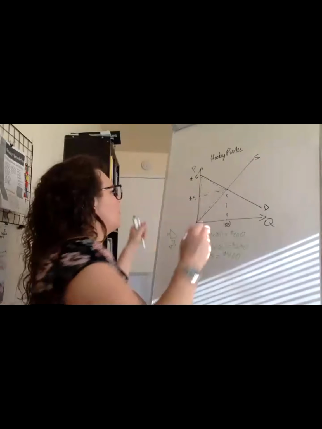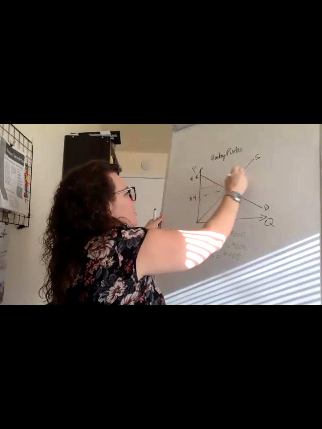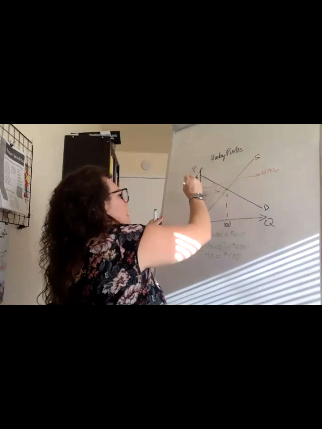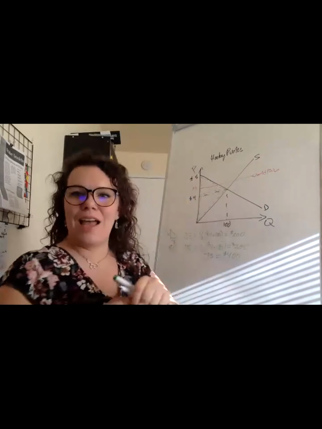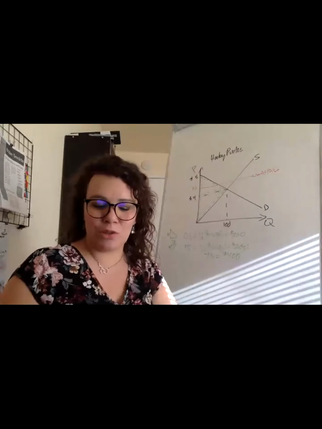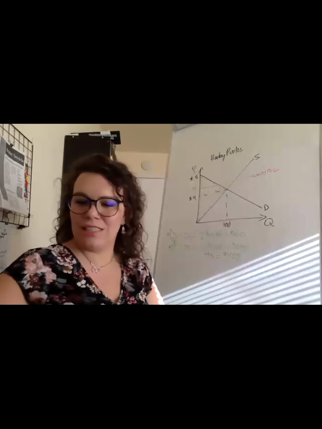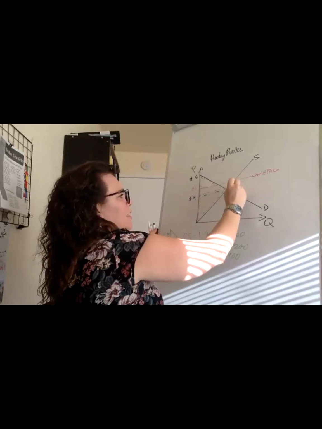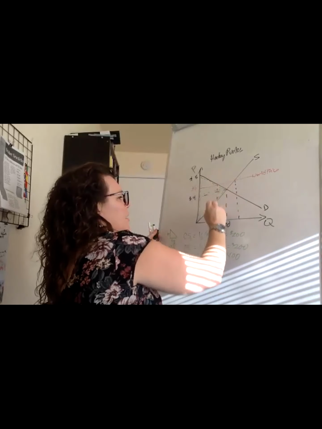Next question says, if the world price is $6, will Canada import or export, and how many? So if the world price is $6, that means that Canada has the comparative advantage at producing hockey pucks. So we're going to see them export hockey pucks because the quantity supplied is greater than the quantity demanded.